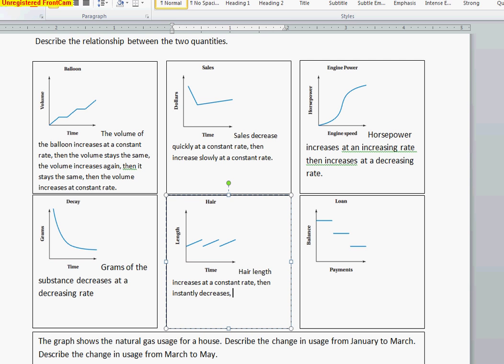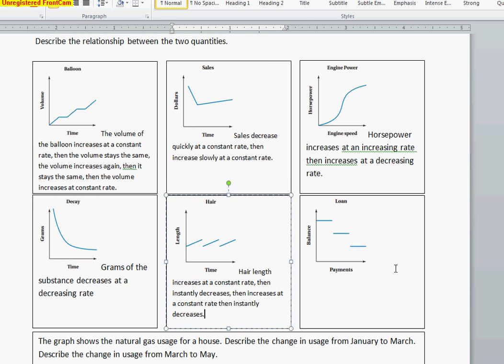Then increases at a constant rate, then instantly decreases. And then it repeats that same pattern.